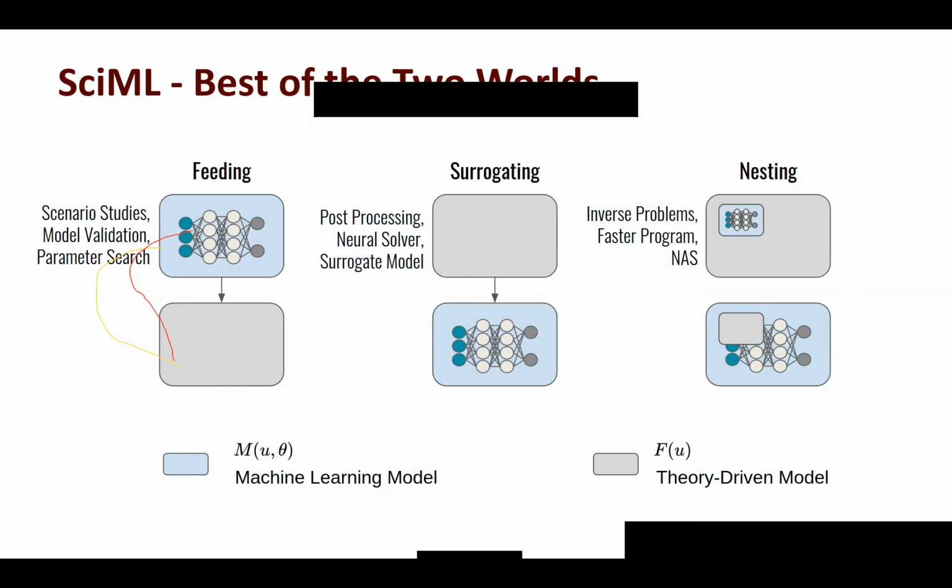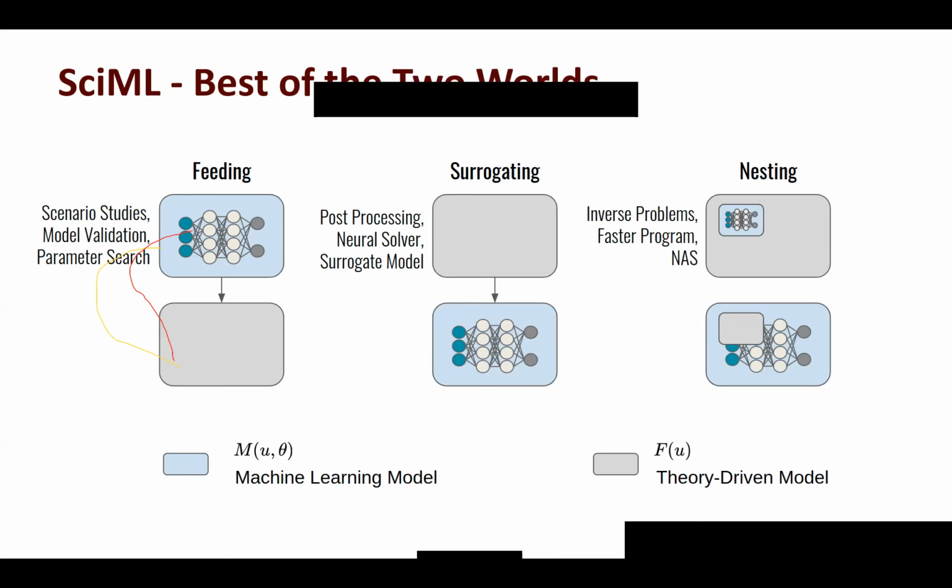You can have a weighted generator. So that's a feeding scheme. You use a neural network more or less like a random number generator, but this random number generator has special statistical properties that can be controlled by the output from your theory-driven model.